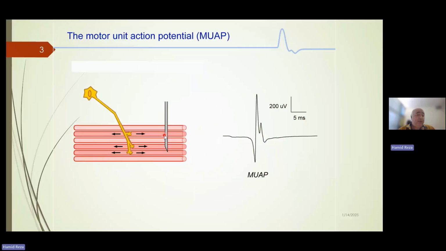Well, when we put a needle into the muscle, the propagation of the action potential through the muscle fibers will reach the electrode, and the electrode picks up the voltage. You will see something like this on your computer, which is called a motor unit action potential, the action potential that is generated by the motor unit and is caught by the electrode.